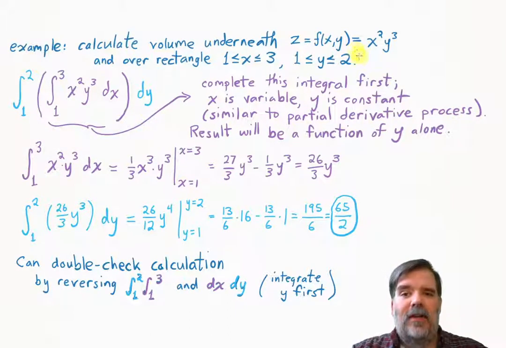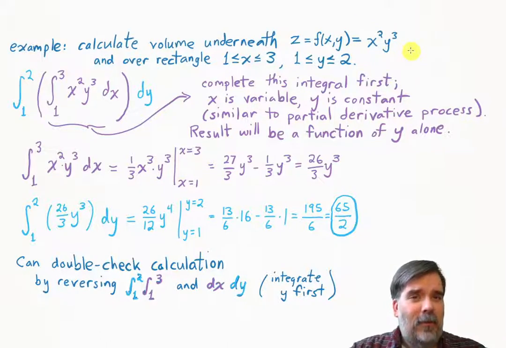So let's say we want to calculate the volume underneath probably my favorite multivariable function, z equals f of x, y equals x squared times y cubed. So the volume underneath this surface, but above the rectangle where x ranges from 1 to 3 and y ranges from 1 to 2. To set this up, in this case, I'll put dx on the inside.